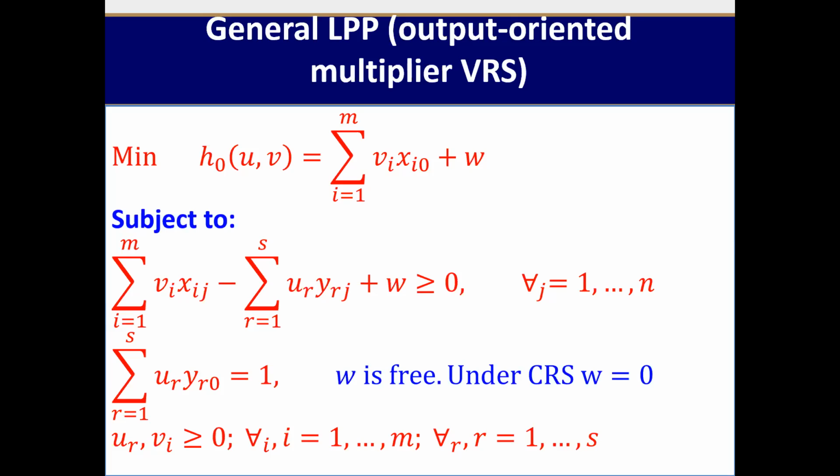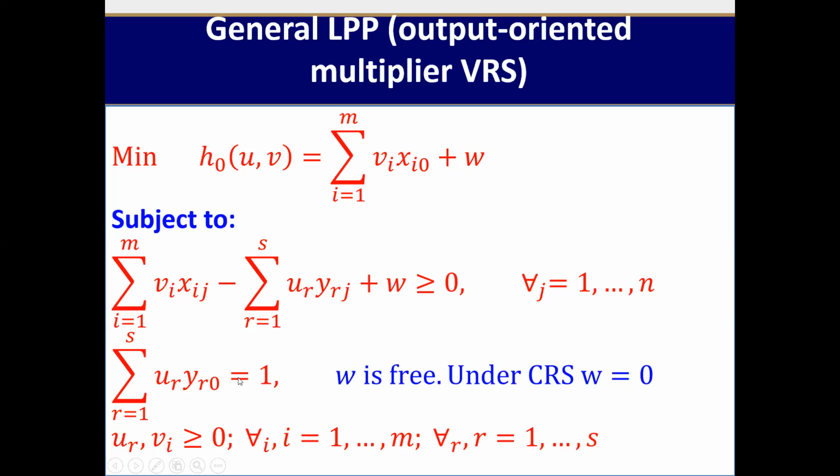All right. So this is the linear programming problem, the output oriented. In the multiplier form, the weighted sum of the output is set to 1 for output oriented.